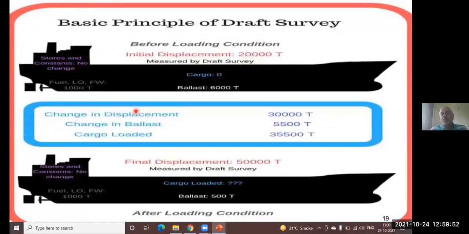So that is the basic principle of draft survey. When you require a draft survey to be carried out and how you can calculate the cargo quantity, that we will do during our next lecture, which I am also going to take with you. At that time we will discuss where it is used, mainly on bulk carriers, and how the draft survey is done. Okay.